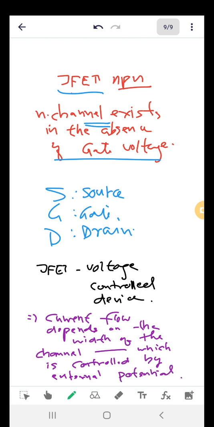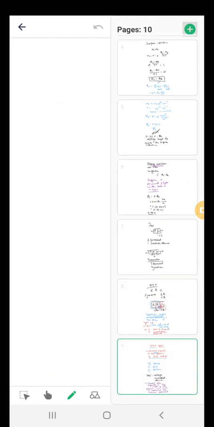And when we talk about an N-channel junction field effect transistor, the gate is shorted with respect to the source.